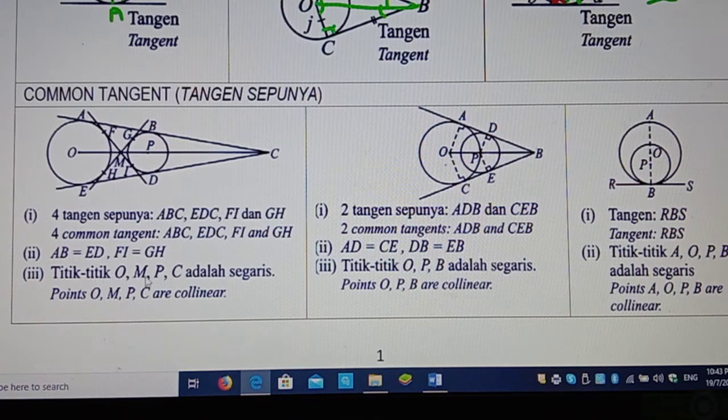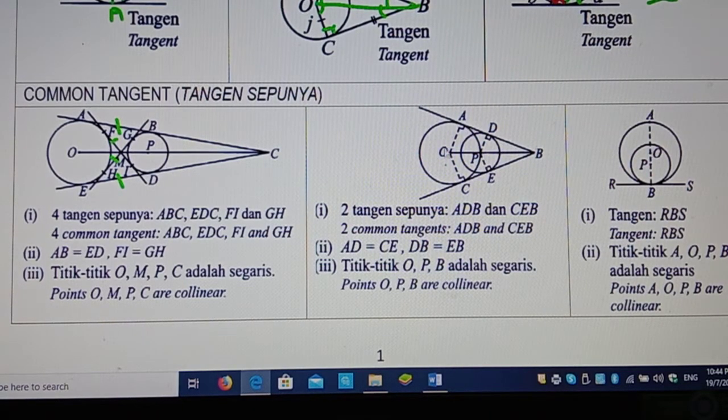So points O, M, P, C are in line, or collinear, on the same line. So from here we can say AB equals ED, same length, and FI equals GH, same length.